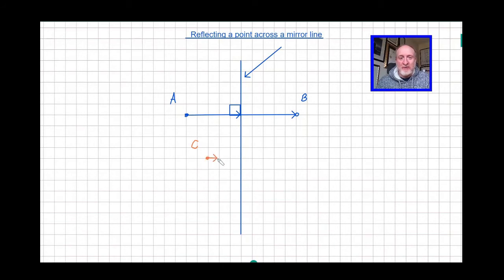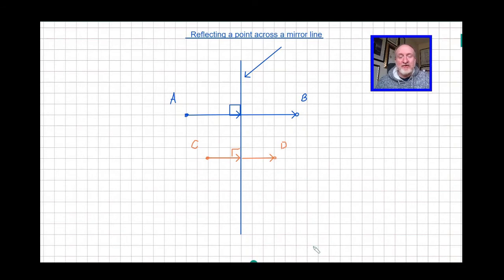So we're going to go 1, 2 and 3, and this is our 90 degree angle. This is the perpendicular here, and because we went 3 to the mirror line, we're just going to go 3 out the other side. 1, 2 and 3, and we're going to call that point D.